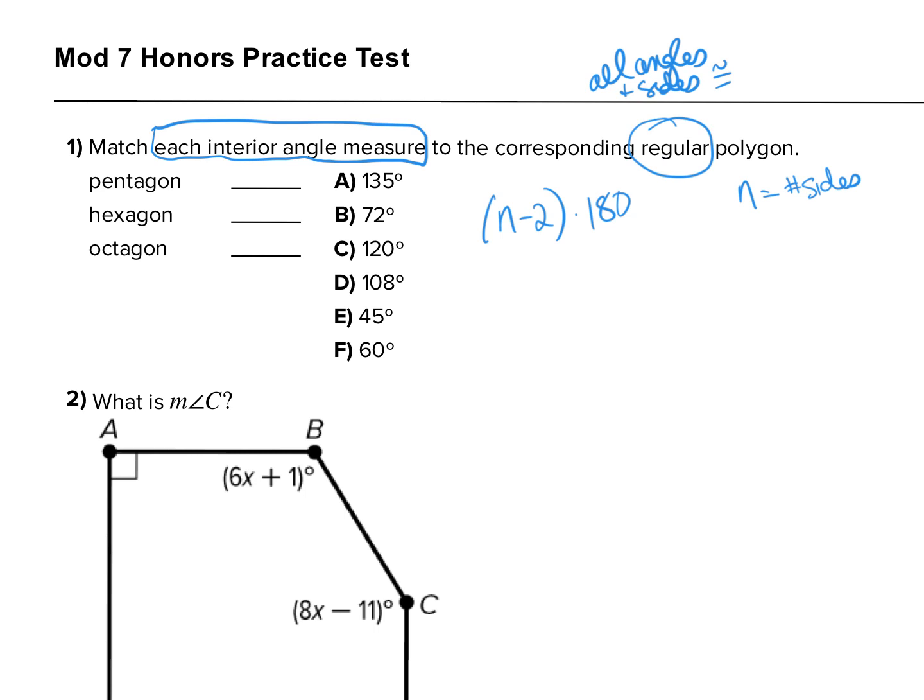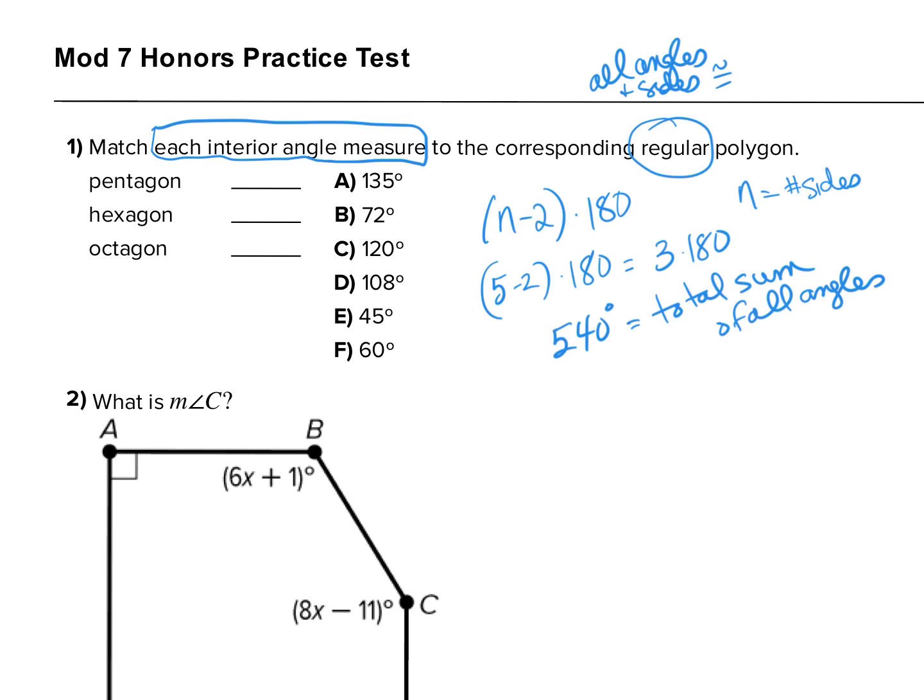So for the pentagon, which is 5 sides, we're going to do 3 times 180, which is 540 degrees. But remember, that's the total sum of all the angles.